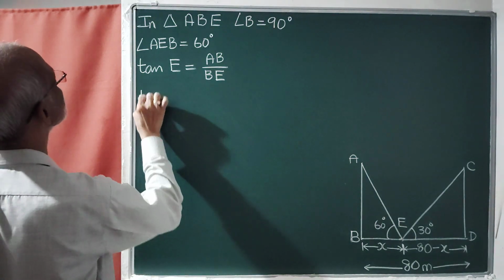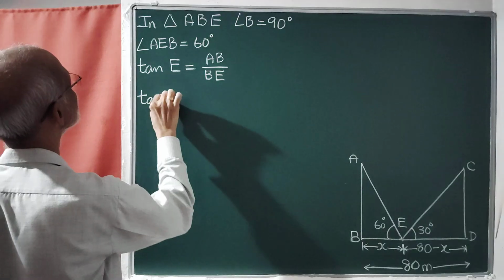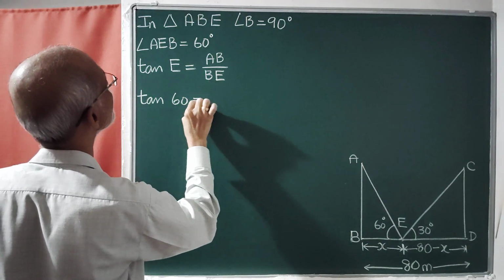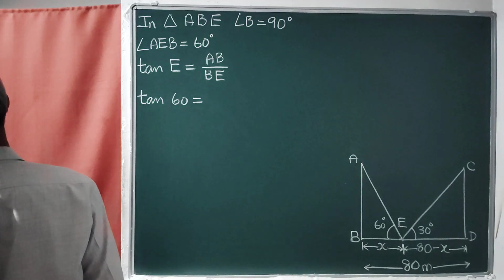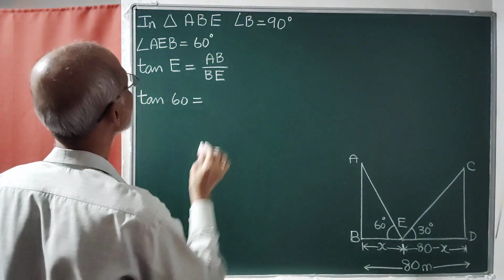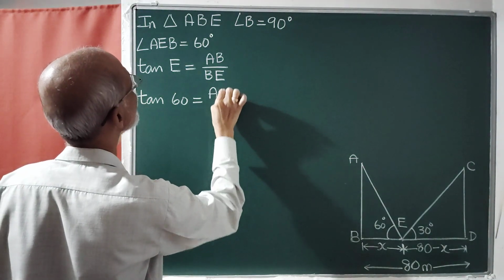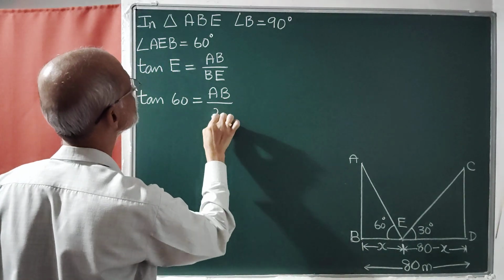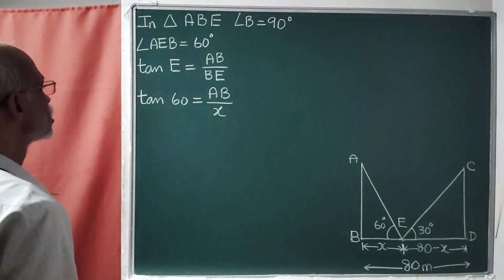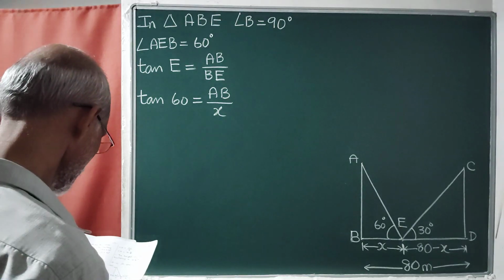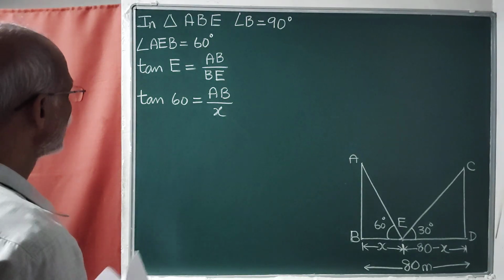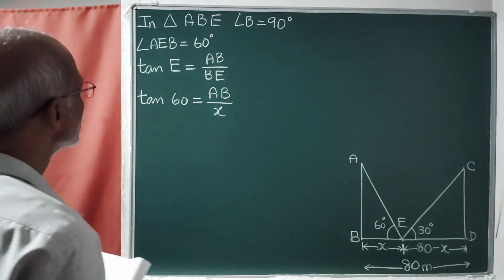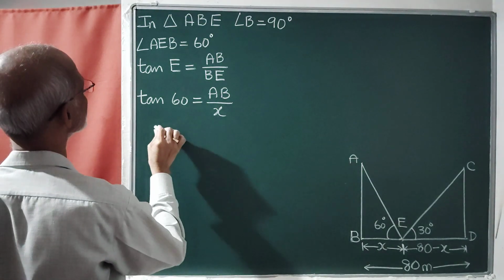So tan 60, and BE is x. Now tan 60 is root 3.